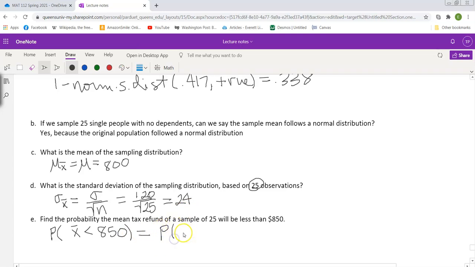So this is going to be the probability that z is less than, we just convert 850 to z, we subtract the mean of the x bars, so 800, and we divide by the standard deviation of the x bars, and we get 24.